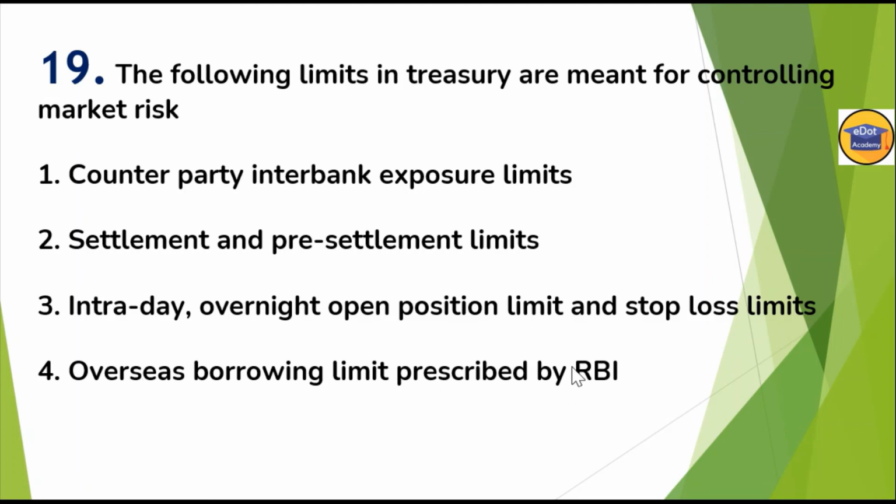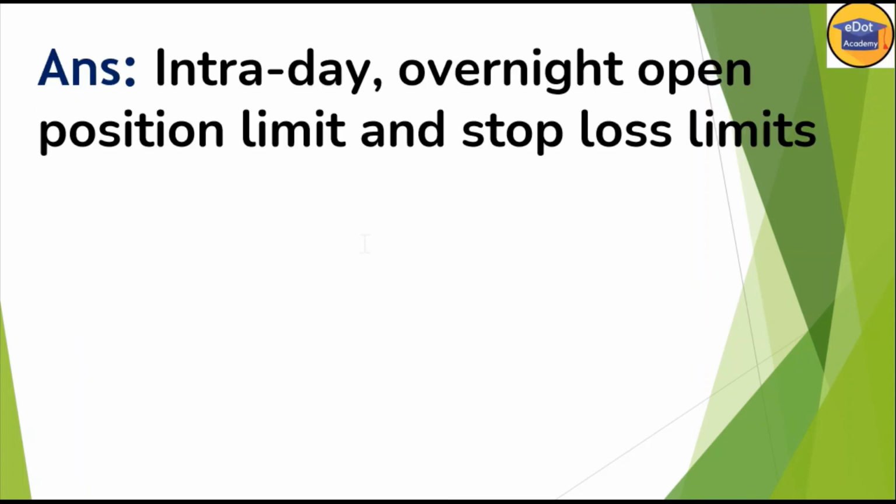If you read the statement properly, the following limits in treasury are meant for controlling market risk. Okay, so counterparty is not there, settlement is not there. So intraday overnight position limit and stop loss limits are the limits in treasury meant for controlling market risk. So option third is correct here.